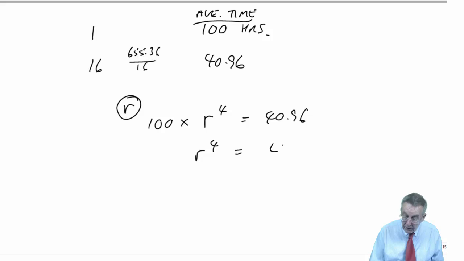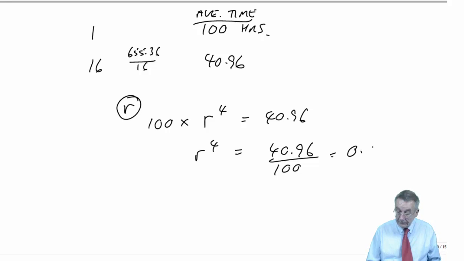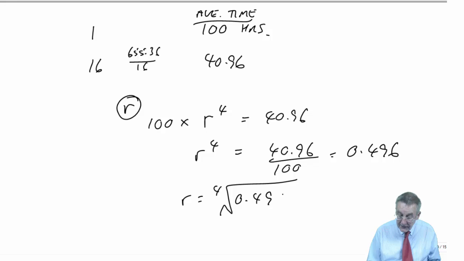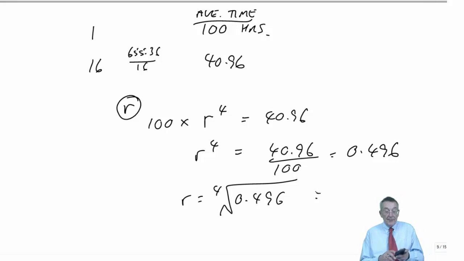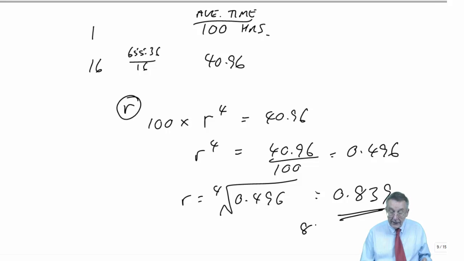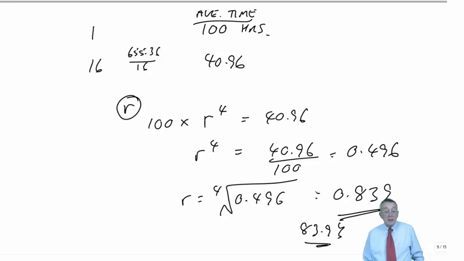R to the power 4 is 40.96 over 100. And therefore R is the 4th root of 0.4096, which is, either use an nth root button or square root twice, I get 0.839, or 83.9%, or to the nearest percent, 84%.